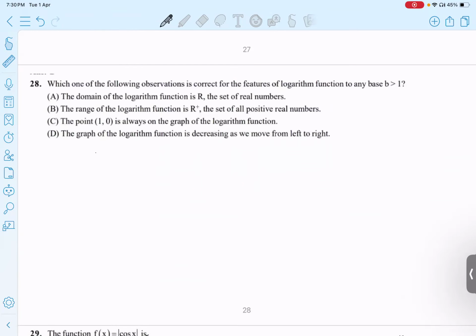Which one of the following observations is correct for the features of logarithm? They have given some properties about the log. So before going to that, let us know about the logarithmic function. This is the graph of the logarithmic function, and this point is always 1, comma 0.